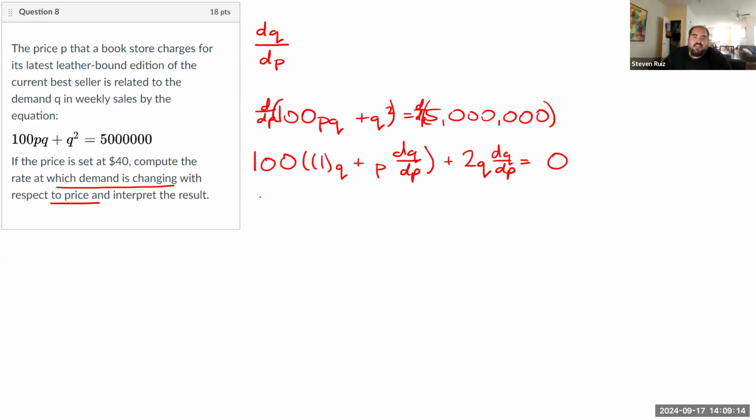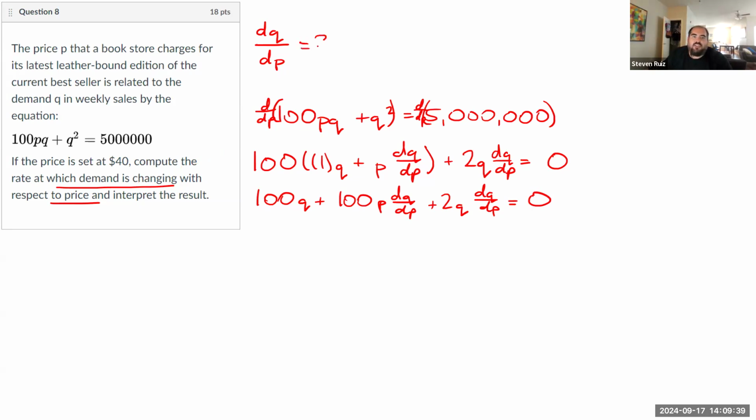So now let's start cleaning some of these things up. So I get 100Q plus 100P dQ/dP plus 2Q dQ/dP equals 0. So let's remind ourselves, what were we asked to figure out here? Compute the rate at which demand is changing with respect to price.